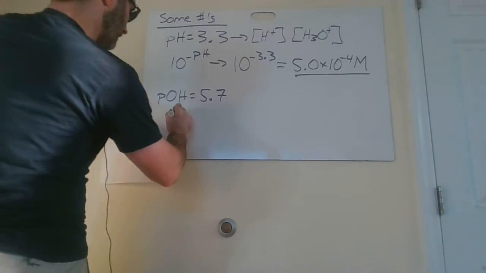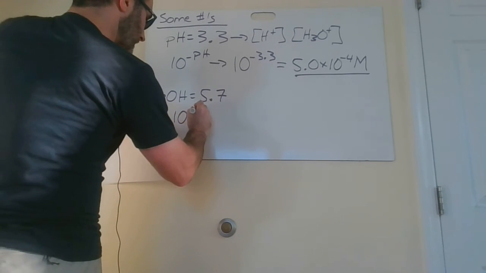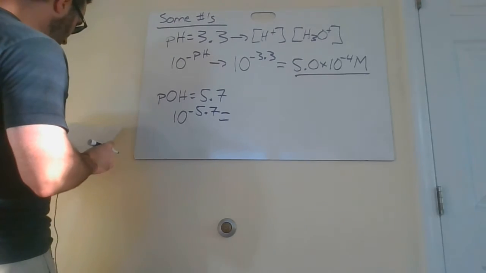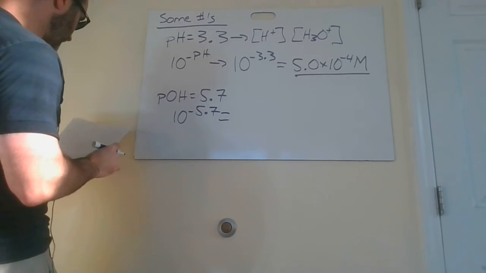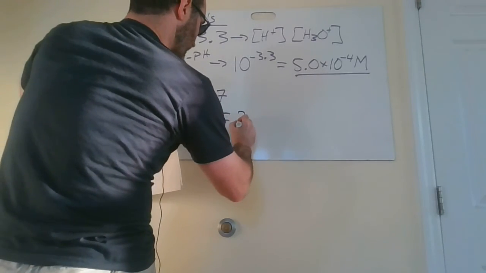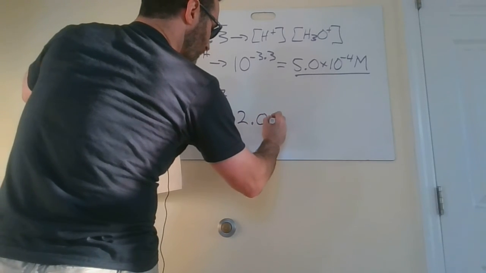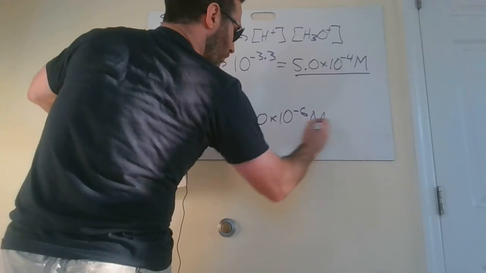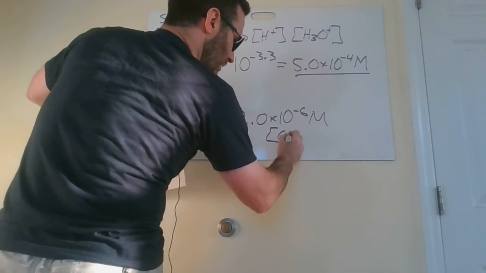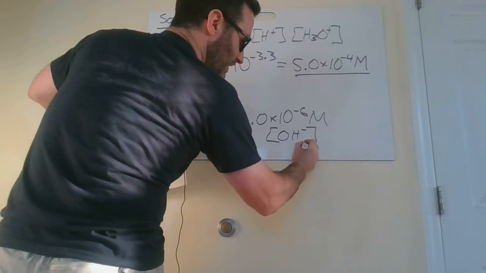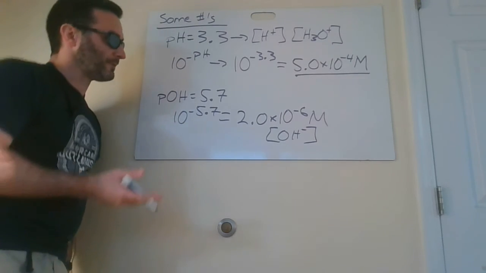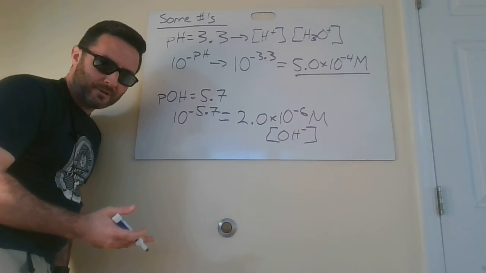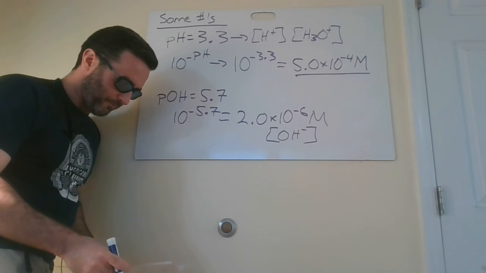Well, 10 to the negative 5.7 is going to give you your hydroxide ion concentration. That's 2.0 times 10 to the minus 6 molar, your OH- concentration. Again, these are calculator problems. Just showing you how to punch them in.